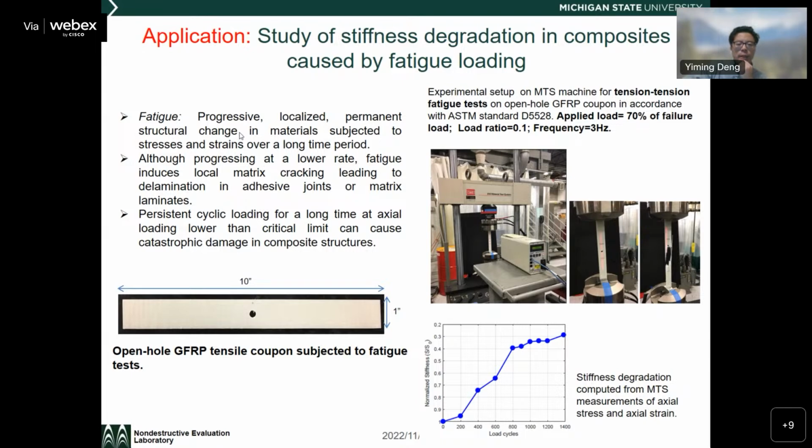That is one definition of fatigue. It progresses at a lower rate and introduces local matrix cracking in composites, and you'll see delamination in the material.